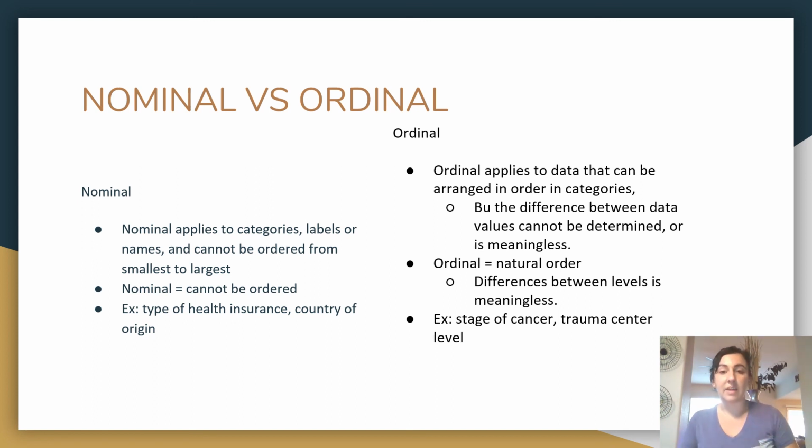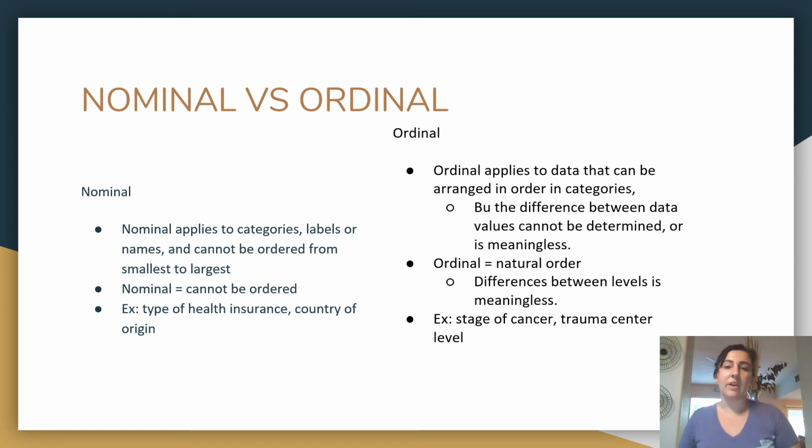So that part's meaningless. However, you can arrange the different stages of cancer from stage 1, then 2, then 3, then 4, you know what I mean? You can arrange them in a natural order because you're not going to jump from 1 to 5. You're going to go 1 to 2 to 3 to 4.